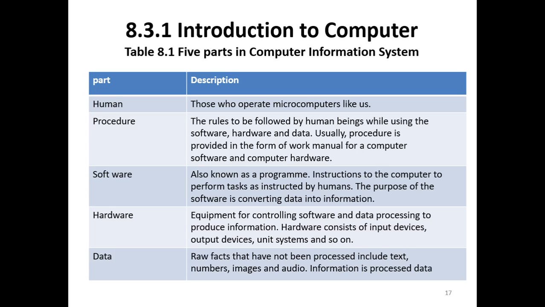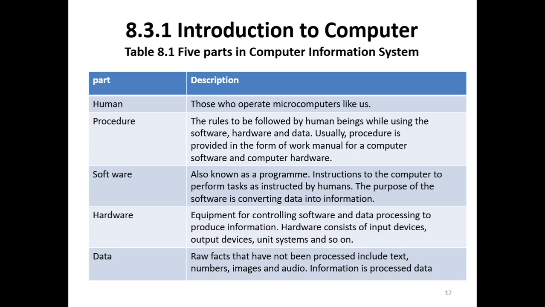And then the software, which is the programs with the instructions for computers to perform tasks, and how we can work with these computers using the software. We have different softwares for different purposes.